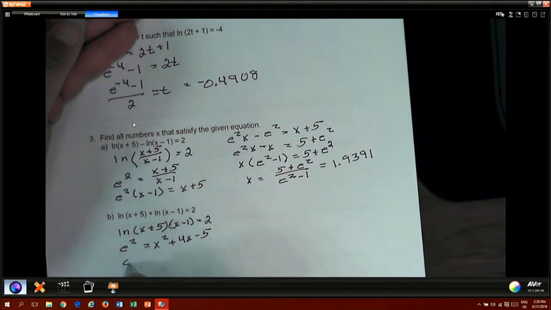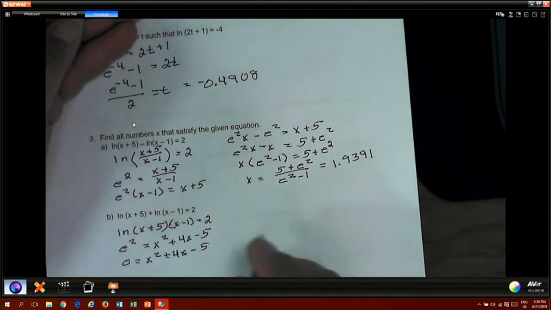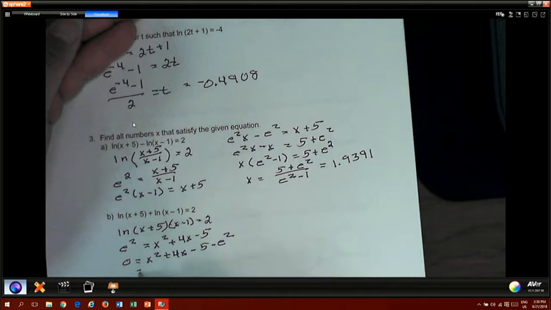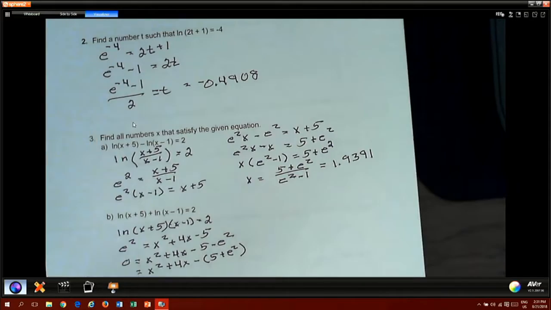It's a quadratic, so 0 equals x squared plus 4x minus 5 minus e squared. So that's x squared plus 4x minus 5 plus e squared. We have to use the quadratic formula.